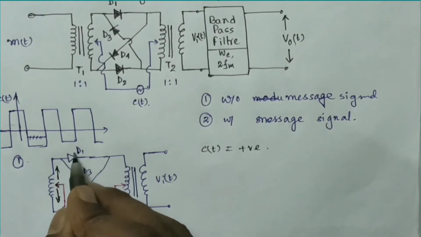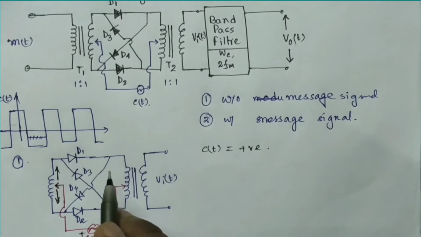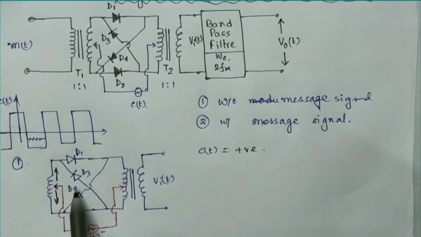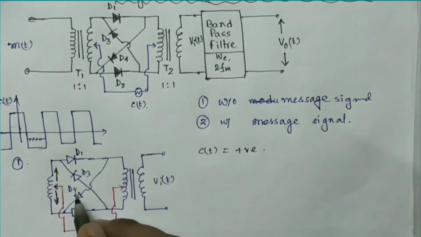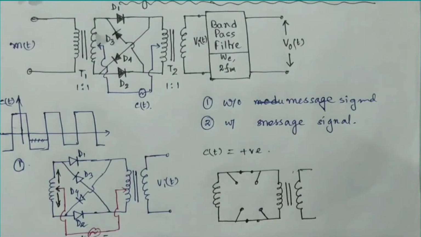Diode 1 comes in forward bias and is replaced by a short circuit, but this diode and this diode are reverse biased and hence replaced by an open circuit. Similarly, here the diode will be replaced by a short circuit, so the equivalent circuit looks like this.